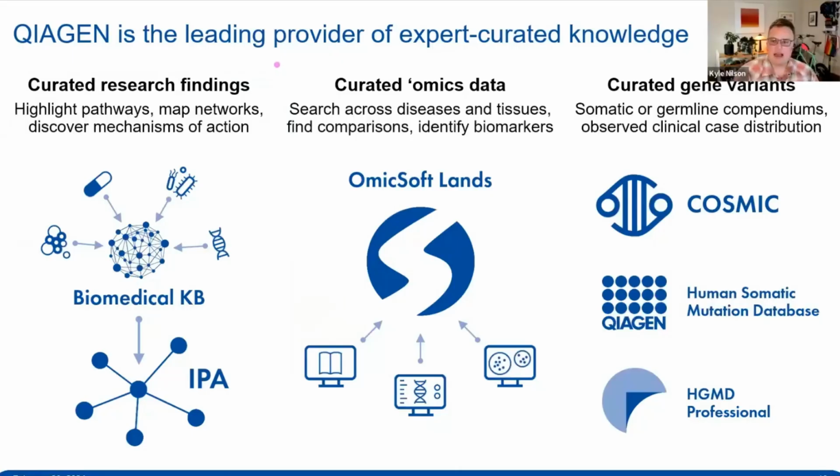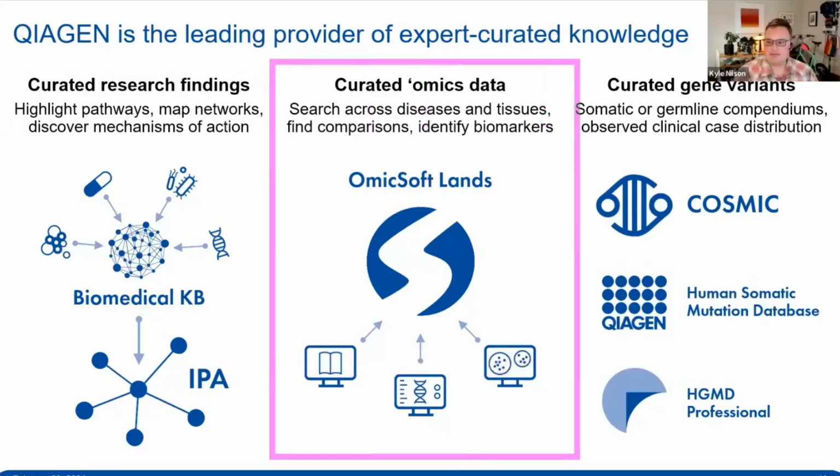Next, I want to talk about omics data. Although the relationships that are present in Ingenuity Pathway Analysis are incredibly useful for coming up with really cool mechanisms of action, sometimes you need that real-world context. And in this case, this comes from hundreds of thousands of individual data sets that contain RNA-seq, microarray data, DNA sequencing, mass spec, other proteomic assays.